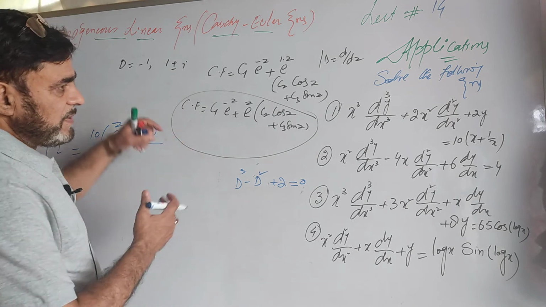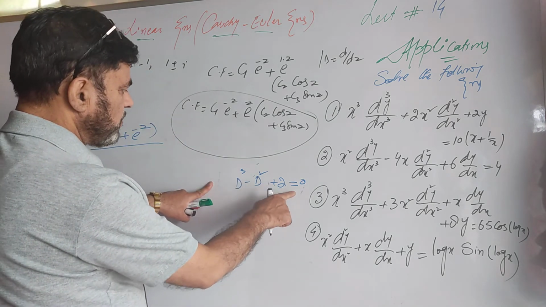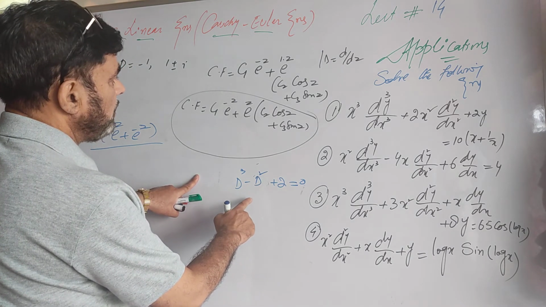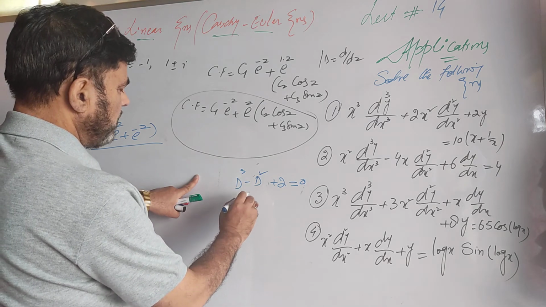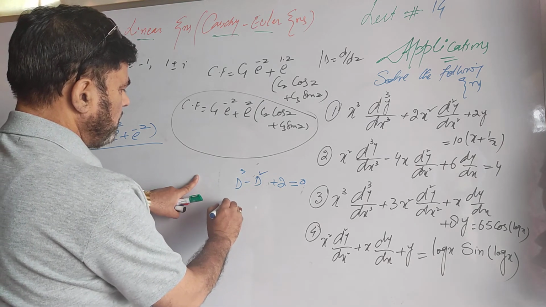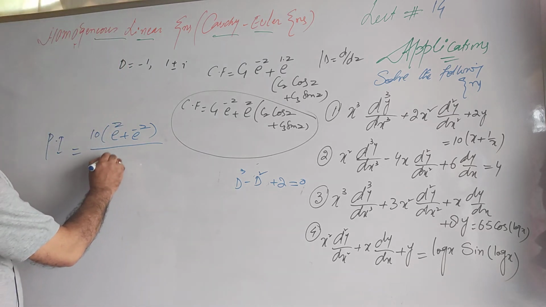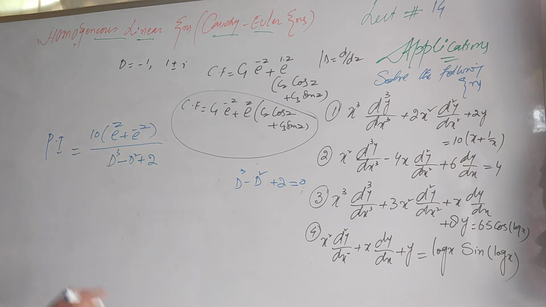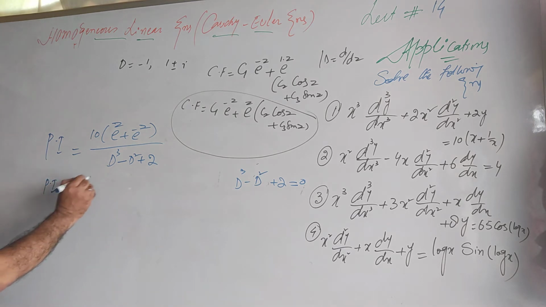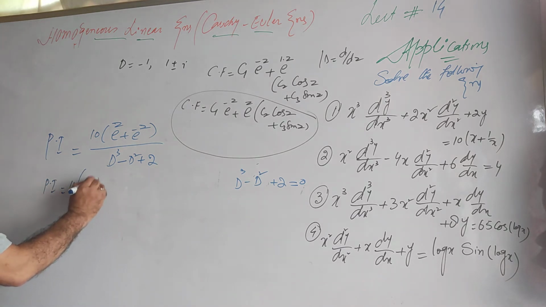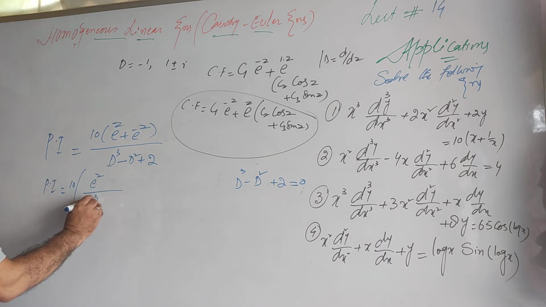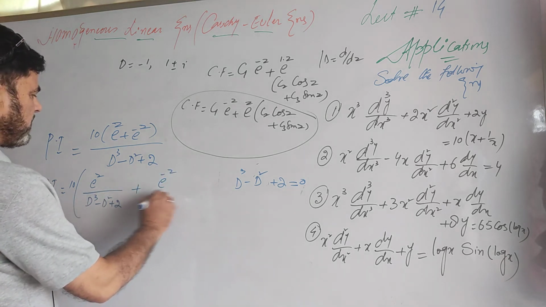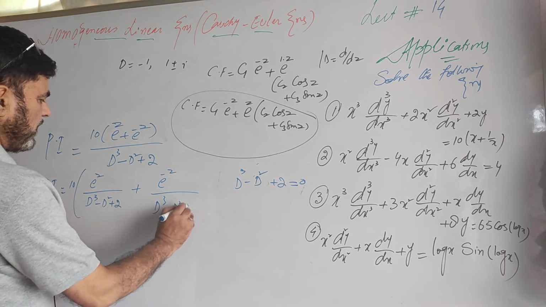Then the particular integral is 10 times e raised to power z by D cube minus D square plus 2, plus e raised to power minus z by D cube minus D square plus 2.